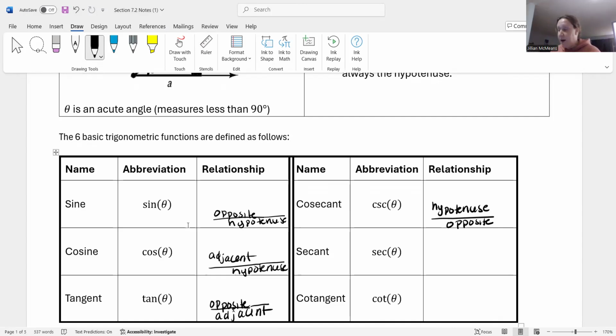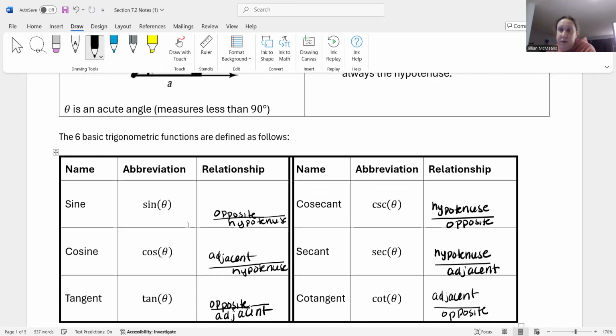The result is going to be a ratio, and the ratio that we get when we're looking at secant of theta is going to be hypotenuse over adjacent. And then finally, we have cotangent. So we have cotangent of theta. We abbreviate that just cot. And that ratio of sides is going to be adjacent over opposite.